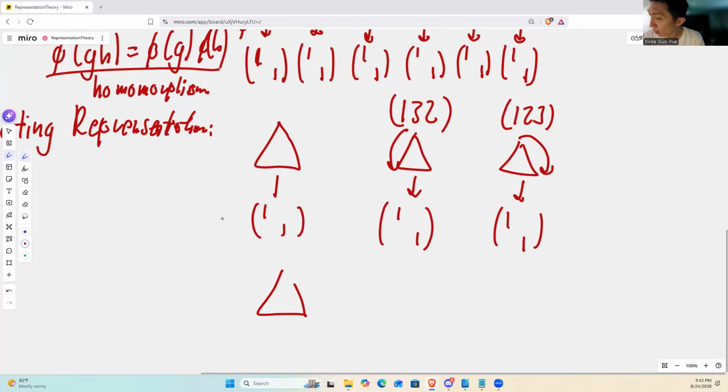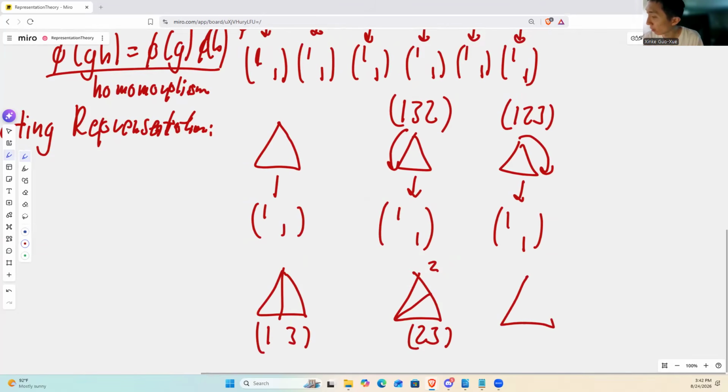The reflections, over, maybe this is like (1 3). And this is another reflection, maybe (2 3). And this is another reflection, maybe (1 2).